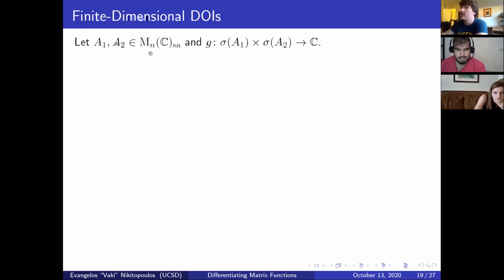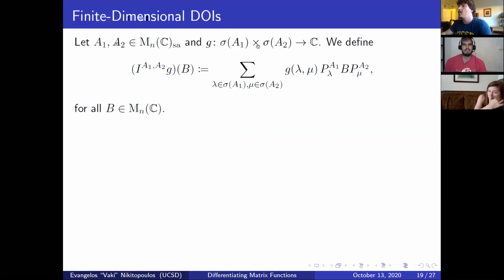Take two Hermitian matrices A1 and A2 and a function G of two variables, where lambda is an eigenvalue of A1 and mu an eigenvalue of A2. We define I super A1, A2 of G at B, where B is an n by n matrix, to be the same type of double sum: you take lambda an eigenvalue of A1, mu an eigenvalue of A2, G of lambda, mu, P lambda A1, B, P mu A2.